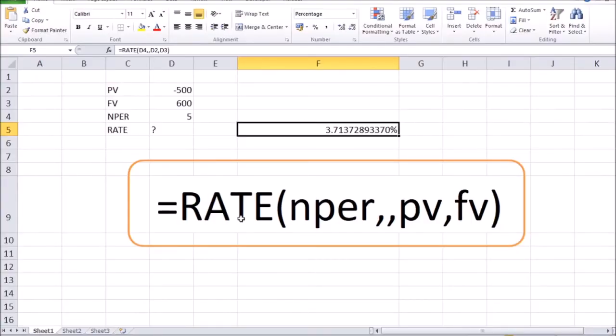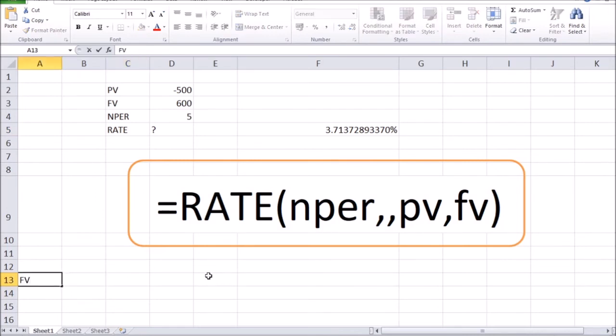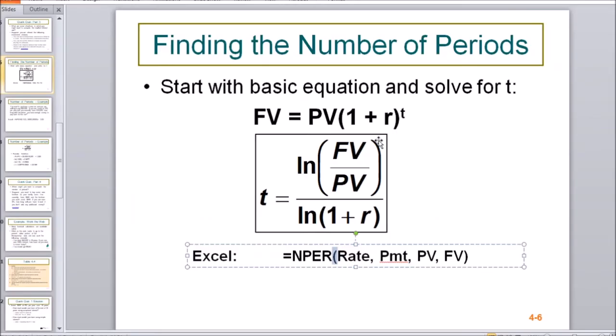Again, it's a good idea when you get any question to first write down what do you have. Let's say you have future value, present value, you have the rate, and this time we want to calculate how long does it take. So NPER is the unknown that you have to calculate. Okay, let's jump back in here to get some examples.